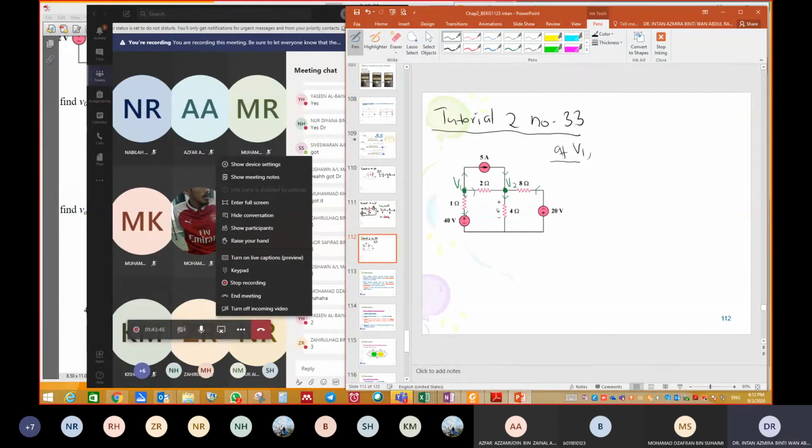Okay, at V1, all the currents leave the node. Here current flows from V1 to 40 volts. So V1 minus 40 divided with 1, and then plus V1 minus V2 divided with what?